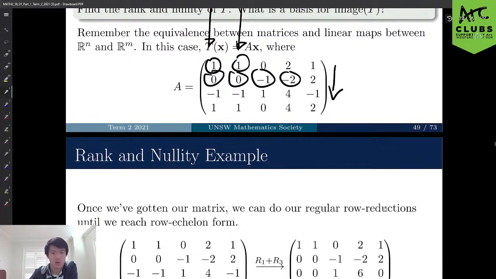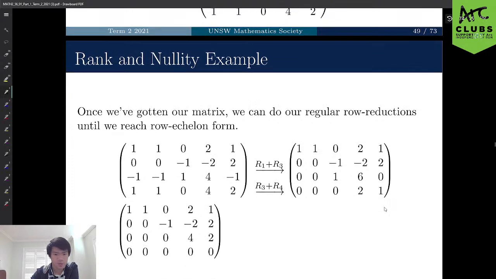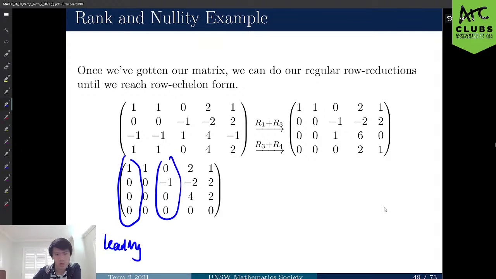And from then we can use what we used in first year to find the kernels and images. So what we can just do is row reduce, and we'll end up with something like this. We'll end up with a bunch of leading columns. So we can look at the leading columns. And we also have non-leading columns.